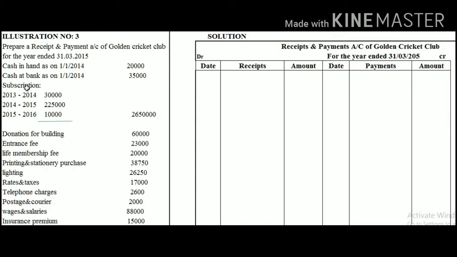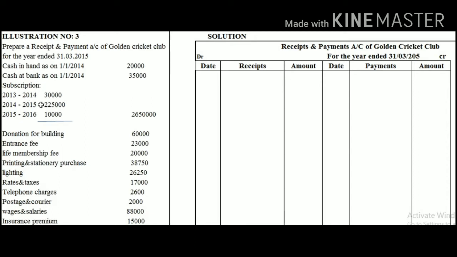The total subscription is 2,65,000. In the previous class I already said that the receipts related to the current year, future period and previous year are recorded in receipt and payment account.